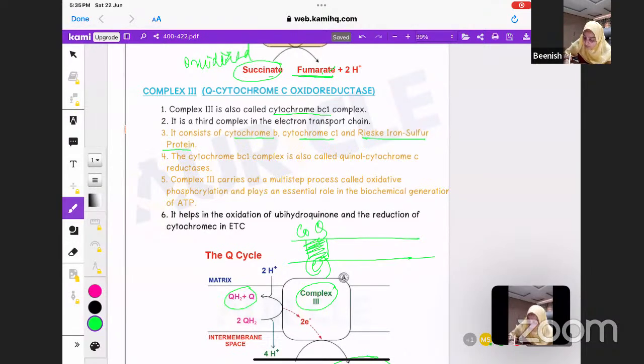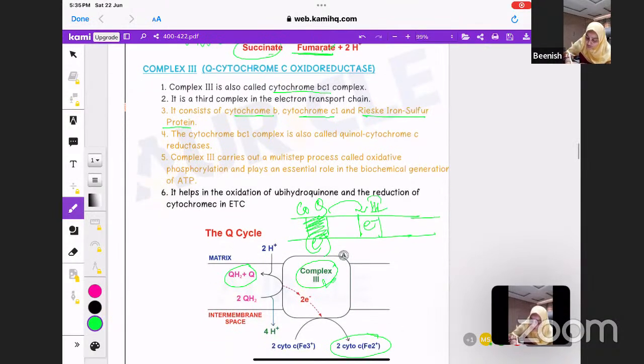Now this coenzyme Q gives its electrons to complex 3, and this complex 3 is then going to give them to cytochrome C.